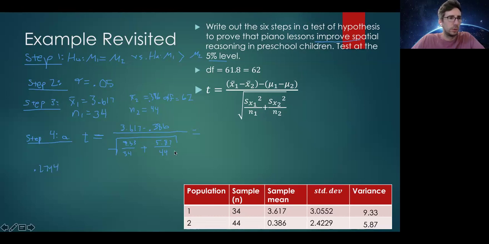If you're not sure what I'm doing, go back to that last video and see how we calculated this standard error. The sum of these two fractions is 0.4078. And if you take that square root, 0.6385 is what you should get for the standard error. Again, I did this step by step in a previous video. So if you are not getting the same thing, or if you got lost, feel free to go back to that last video.